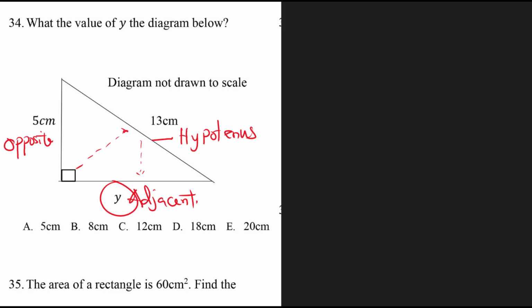How can we calculate this y? There is a rule called the Pythagoras rule.